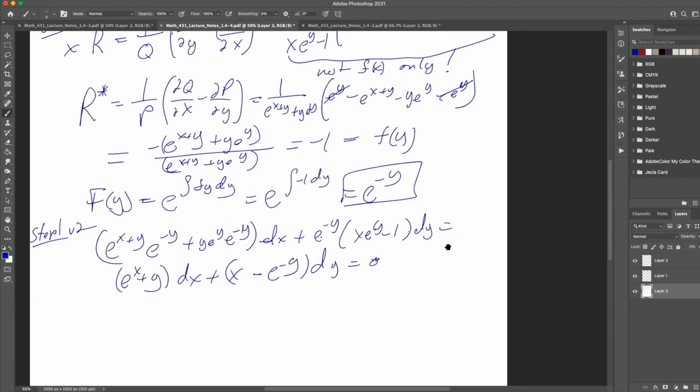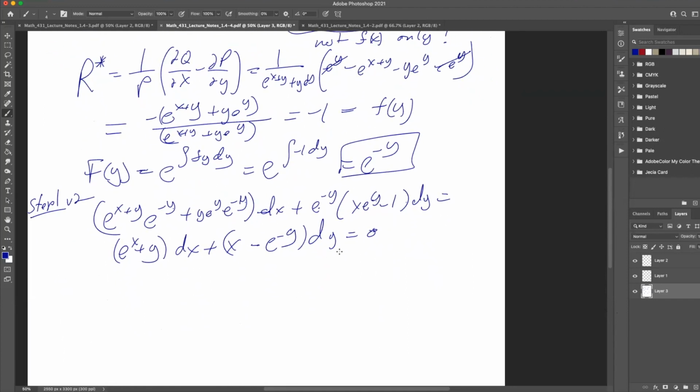All right, so let's test it again. Is this exact? Here, if I take this with respect to y, what am I going to get? Del m del y is equal to 1, and that's going to be equal to del n with respect to x, which is also equal to 1.